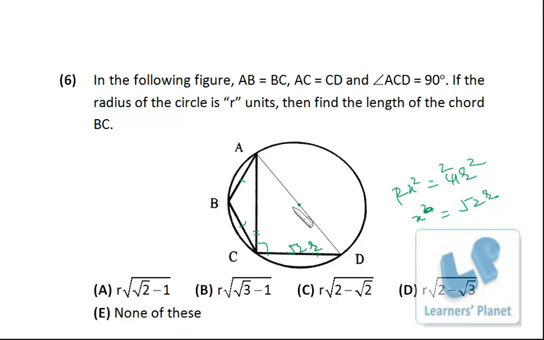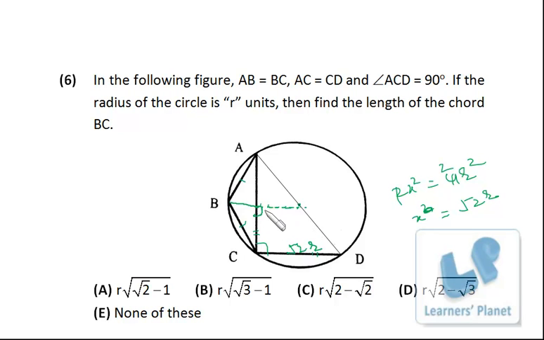Next important thing is, if we drop the perpendicular from center to a chord, it bisects the chord. That means this angle is 90 degree and this length is equal to this length, right? This is 90 degree, this will also be 90 degree, right?